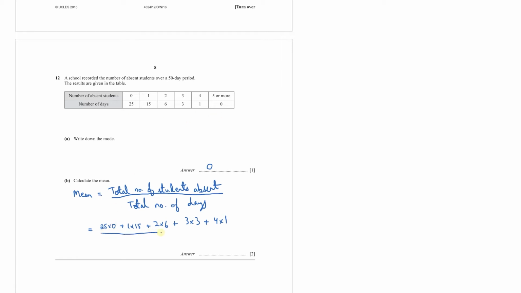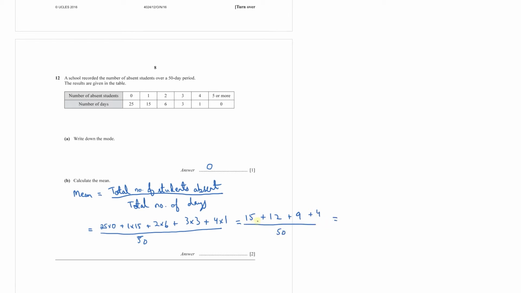So divided by 50. Once you add these, 25 times 0 is 0. You get 15 plus 12 plus 9 plus 4, divided by 50.